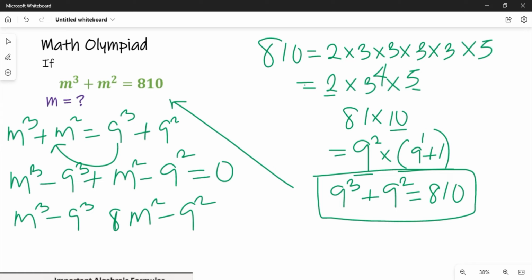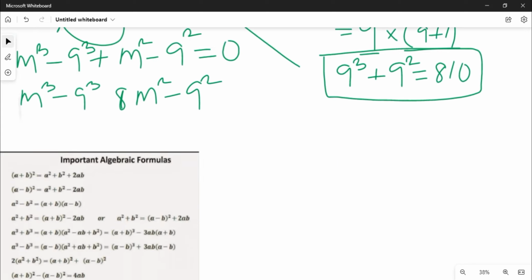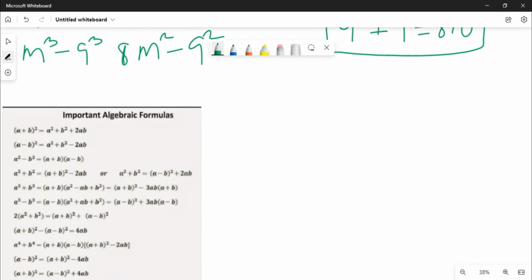So we're going to apply these algebraic formulas. In applying them, we're going to select two. We're going to use the formula where a squared minus b squared is equal to a plus b multiplied by a minus b.